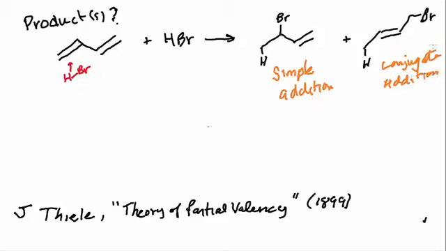Now there's also an alternative way to distinguish between these two addition products. If we arbitrarily number the carbons of the conjugated diene 1, 2, 3, 4, the first one is alternatively called 1,2 addition. I misspoke earlier.